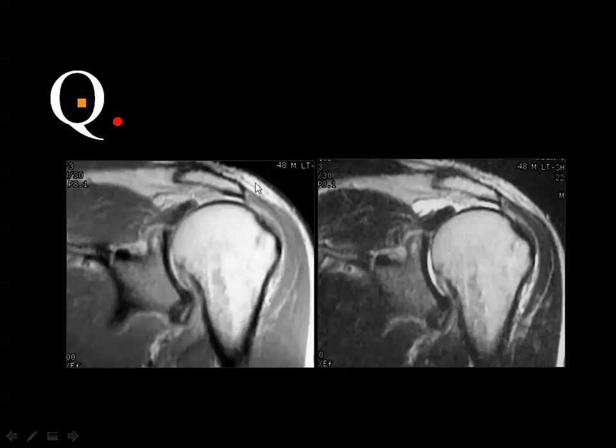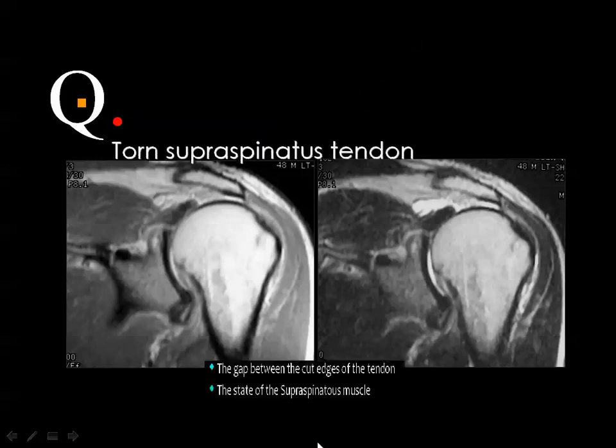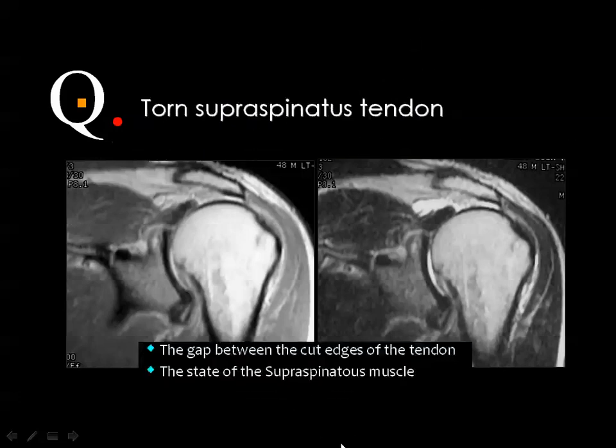Yes, there is acromion down slope with narrowing of the space between the acromion and the humeral head. This is the supraspinatus tendon, which is the seat of full thickness tear and a significant retraction, with the muscle bulk still maintained. This is full thickness tear of the supraspinatus tendon.